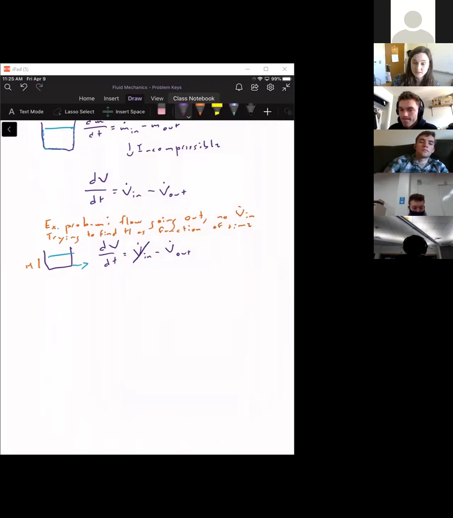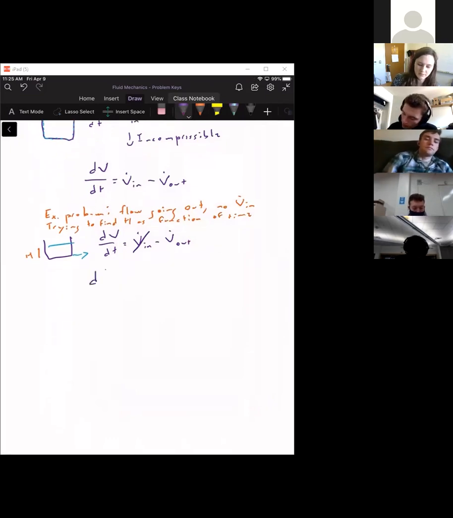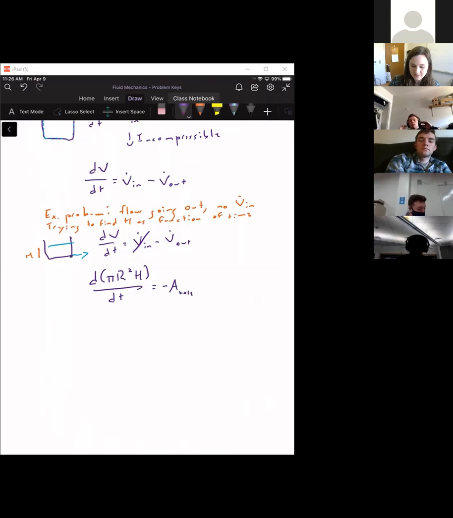Yep, change the volume to be in terms of h, which here would be pi r squared h if it's r, or it would be d if you know d, whatever, dt is equal to negative v dot out, which would be area of the hole times the square root of 2gh, velocity from Bernoulli's.